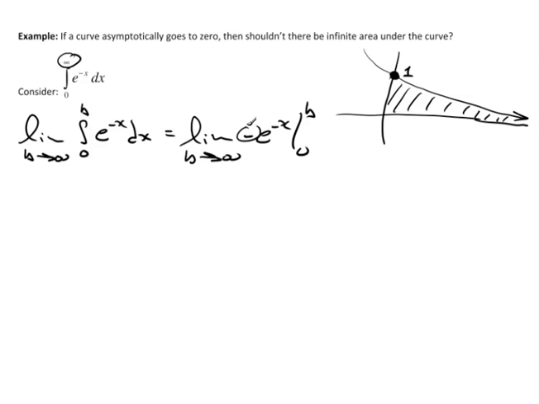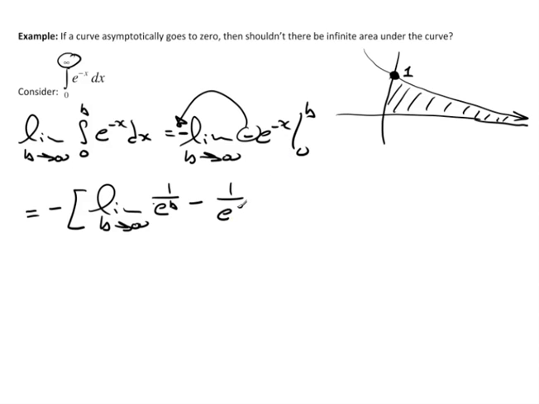And like usual, I have a negative. I'm going to pull it out and put it up front here. So this will be equal to negative of the limit as b goes to infinity of e to the negative b, which is 1 over e to the b, minus 1 over e to the 0.